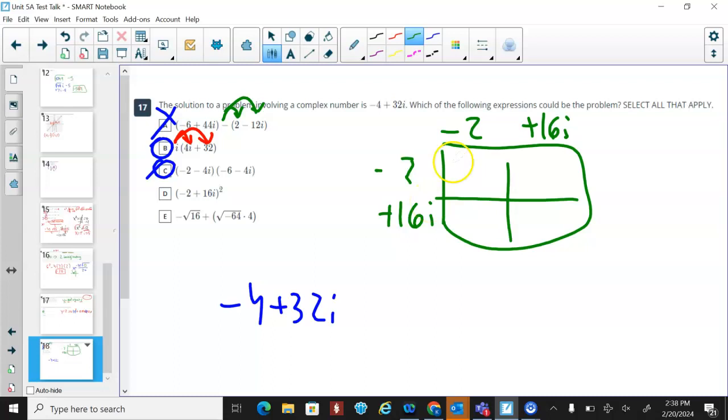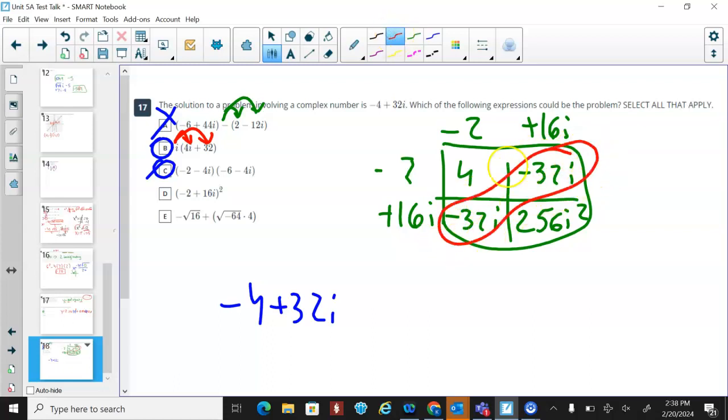So -2 times -2 is 4. -2 times 16 is -32i. And then this is going to be -32i. And this is going to be positive 256i squared. So right there, I don't even need to continue. I know if I combine these two, that's going to give me a negative 64i, and that's not what I'm looking for. So this is a no.